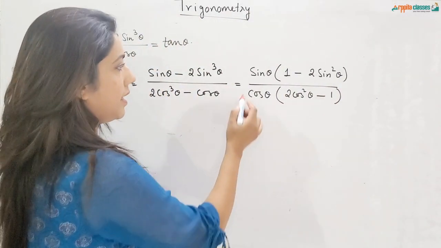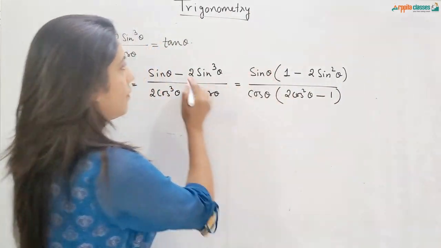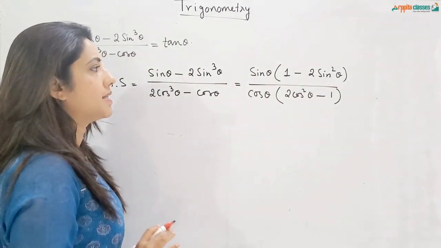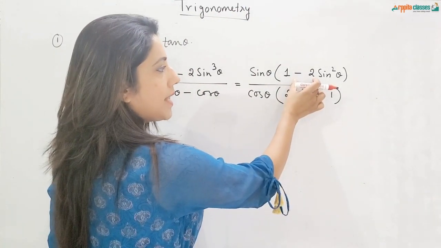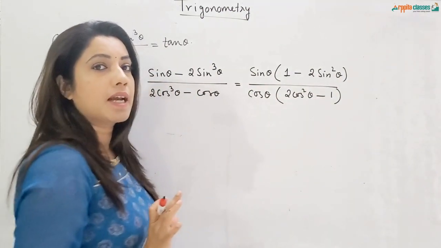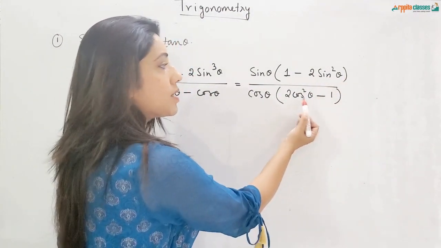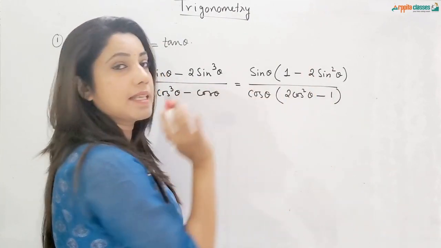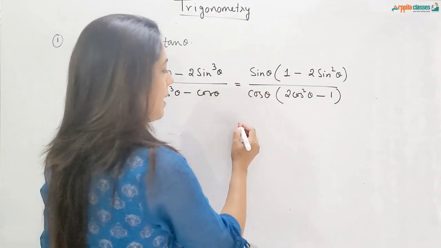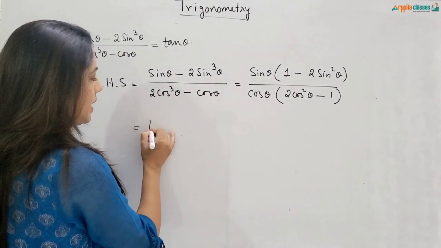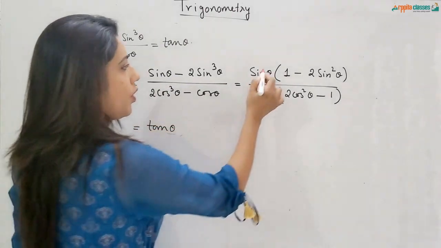Now I can see this sin theta upon cos theta will give me tan theta, which is there in the right hand side. That means somehow I need to cancel the part which is inside the bracket. So if I can convert sin theta into cos theta or cos theta into sin theta, I may cancel the part inside the bracket. So let us write down tan theta for this part.